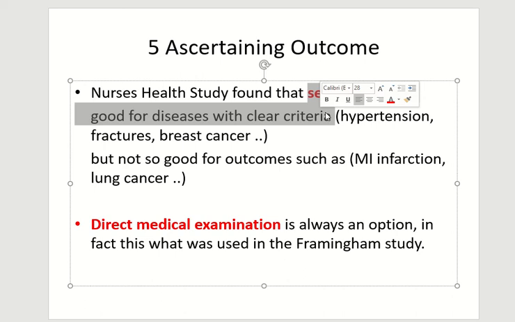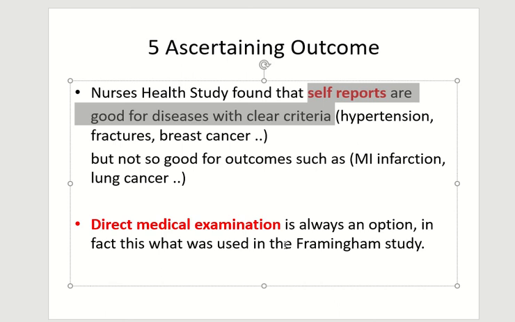The problem is not with those who say yes, I have hypertension, yes, I have diabetes. Well, probably they do have it. The problem is with those who say no, I don't, because maybe 20% of them do have it and do not know. So here you get what is called misclassification, like we talked about previously. So misclassification with regard to the outcome: those that should have reported the outcome but failed to report it. Okay? So direct medical examination is always an option.